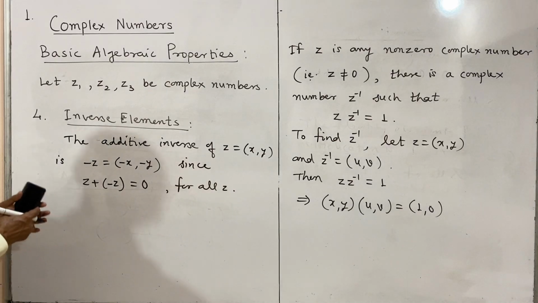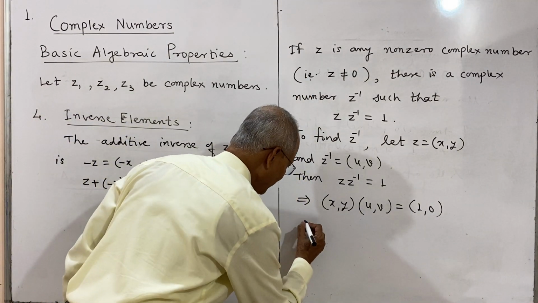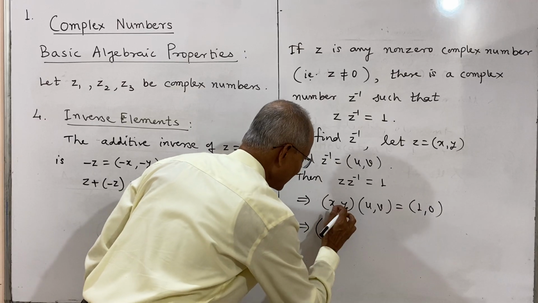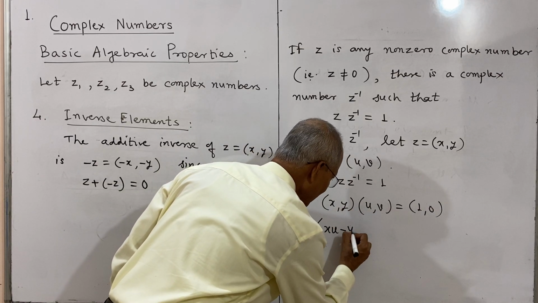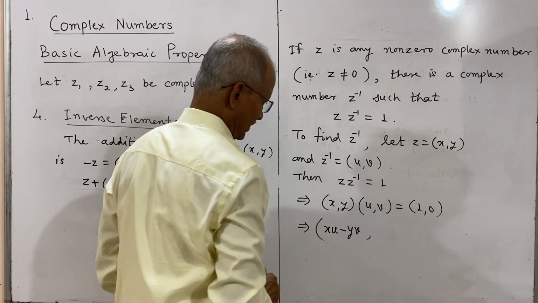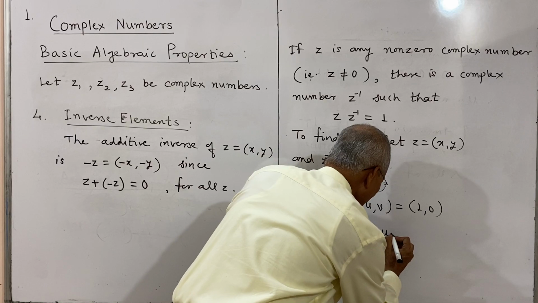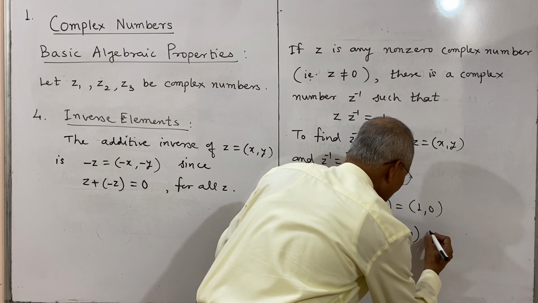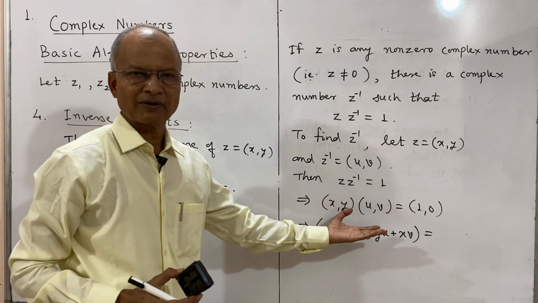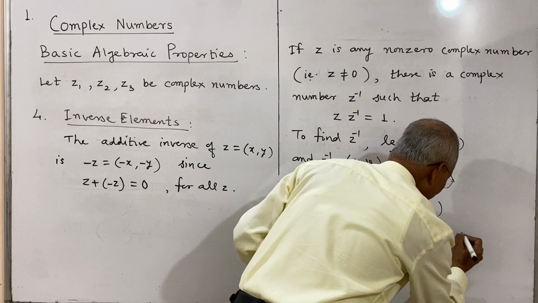So by definition of product, x comma y into u comma v implies x into u minus y into v, comma, y into u plus x into v. You may verify this by the definition of multiplication, and this is equal to 1 comma 0.